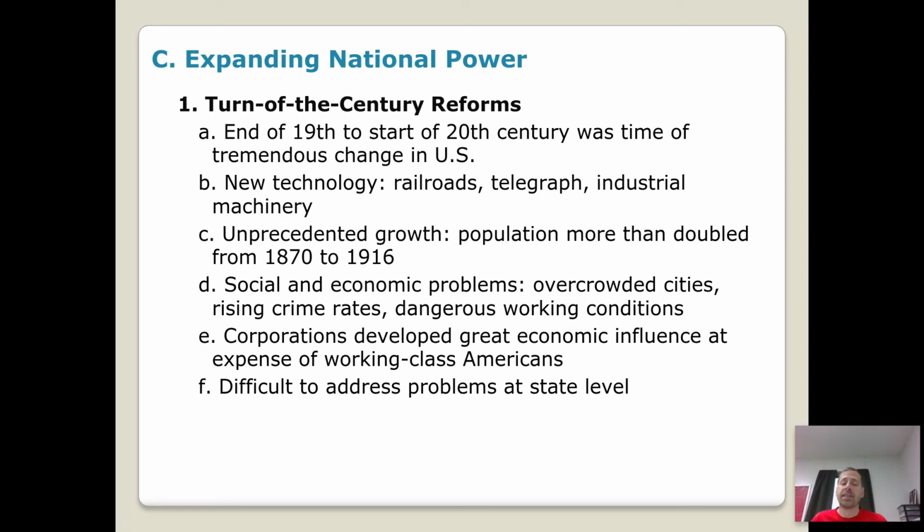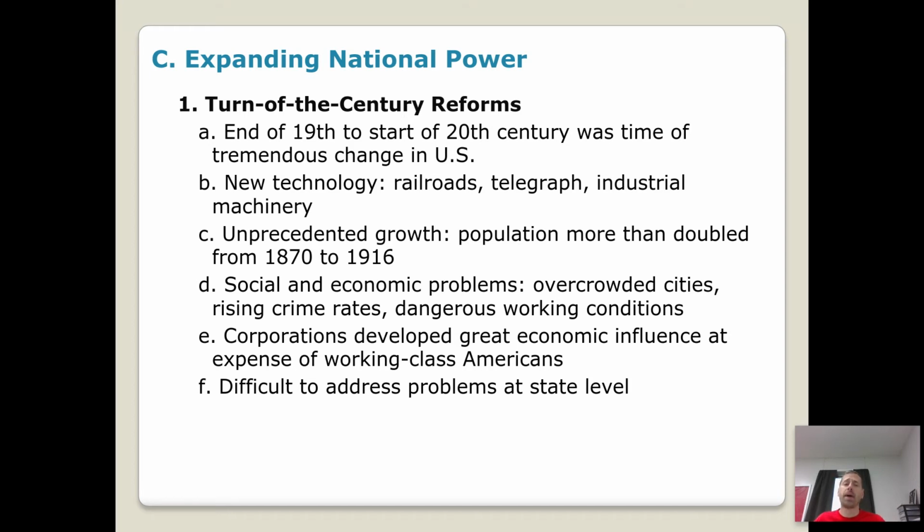In the early 1900s, we have the progressive movement that you learned about in American history. There's lots and lots of change, lots of technology, lots of population growth. We have the old immigrants and new immigrants that you learned about.